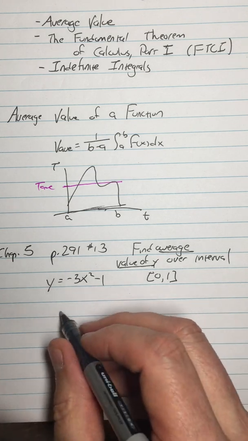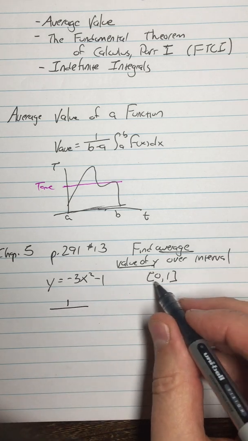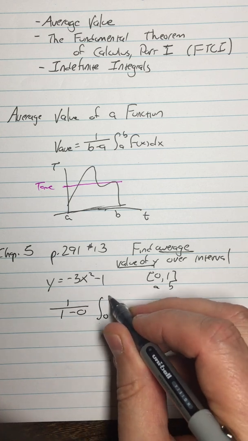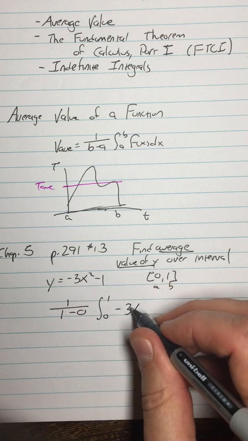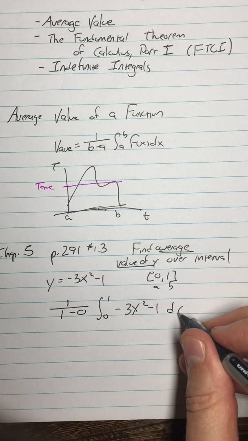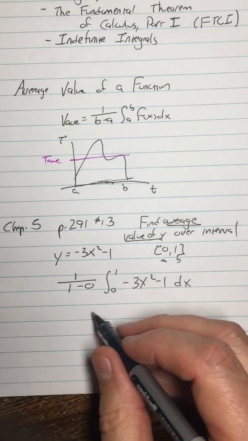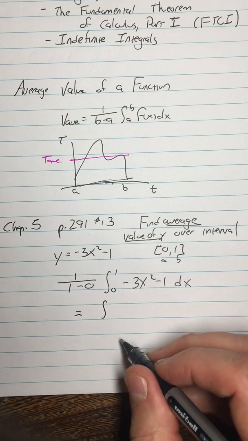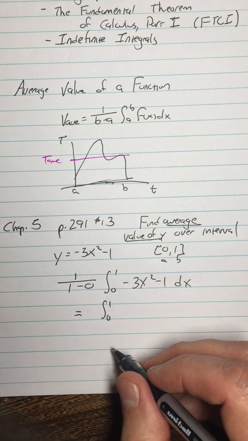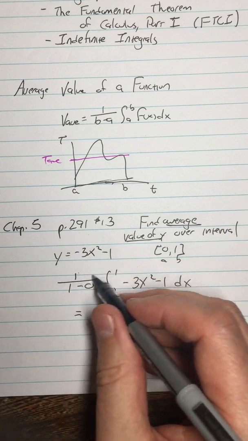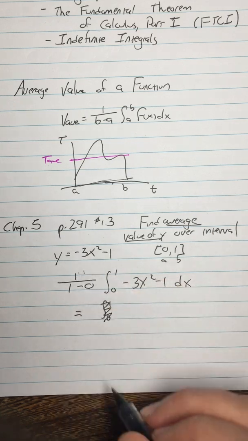So we just do 1 over b minus a, times the integral from a to b of our function, negative 3x squared minus 1, dx. Here b minus a is 1, so 1 over 1, it could be like 1/10 or something, but in this case it's 1 over 1.